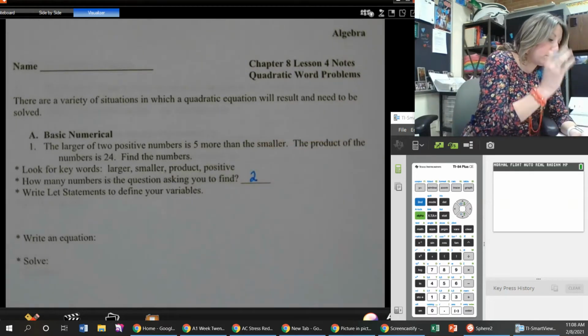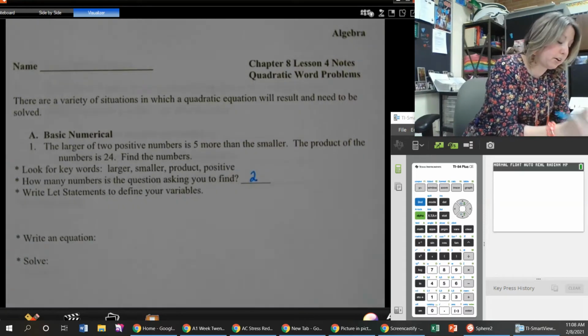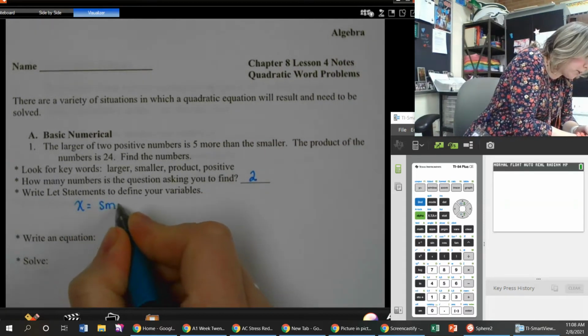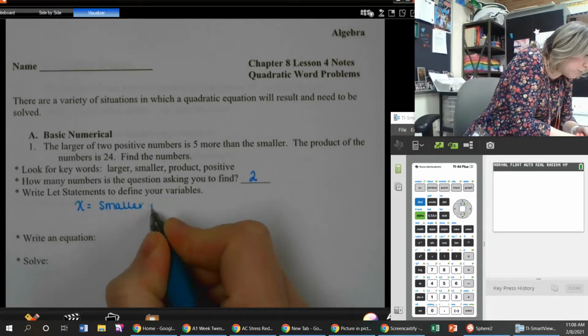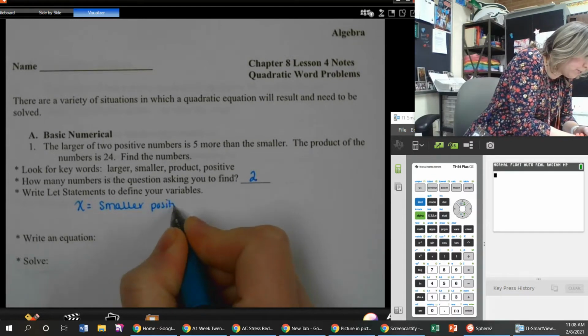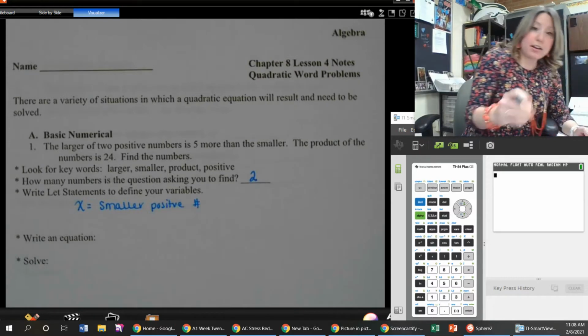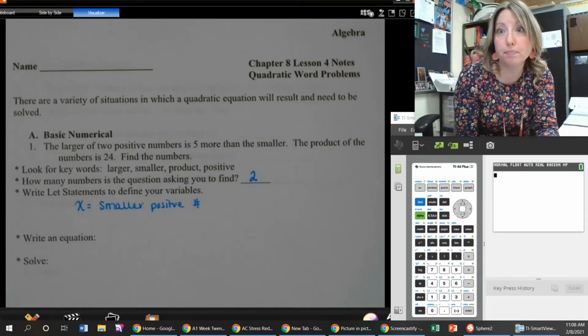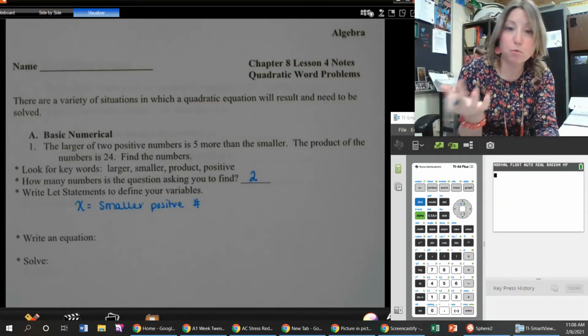Now we need to write let statements defining our variables. Well, x can equal your smaller positive number. And if that's the case, how many more is the larger? 5 more.